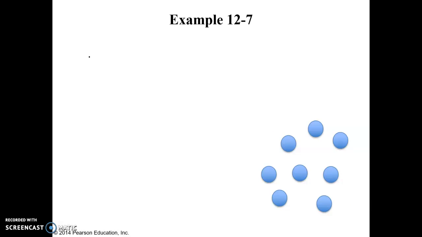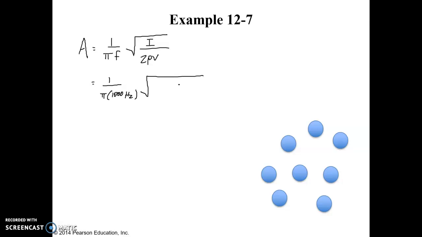Plugging in what we know into our equation, that equation again is amplitude equals 1 over pi times the frequency times the square root of the intensity divided by 2 rho V. We've got 1 over pi times our frequency, which was given in the problem statement as 1000 hertz, times the square root of the intensity.